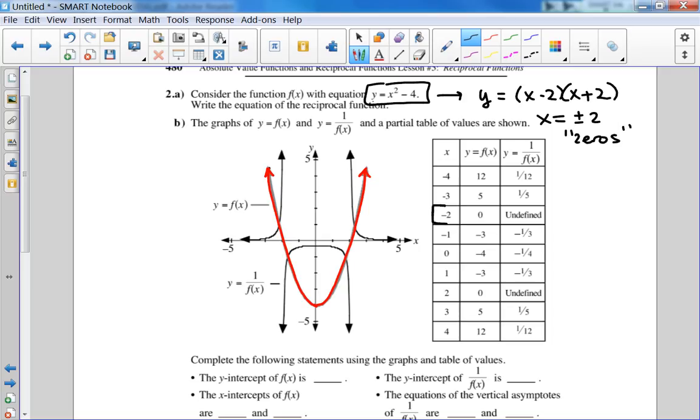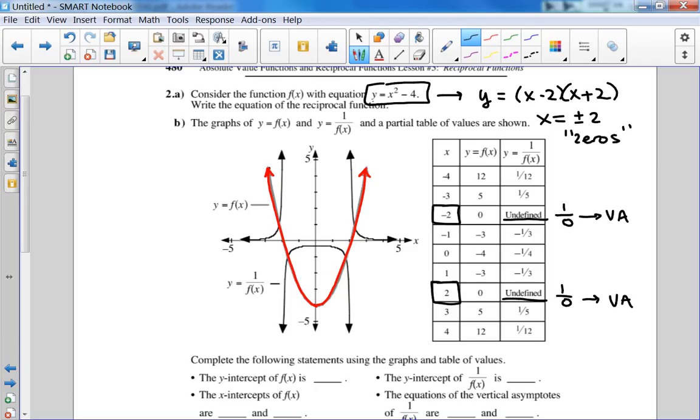Here's one, and here's the other. And right away, what do you notice? Undefined, because you can't do 1 divided by 0. So then this gives us our vertical asymptotes. And that's the thing that you're going to have to really try to remember. Where do the vertical asymptotes come from?